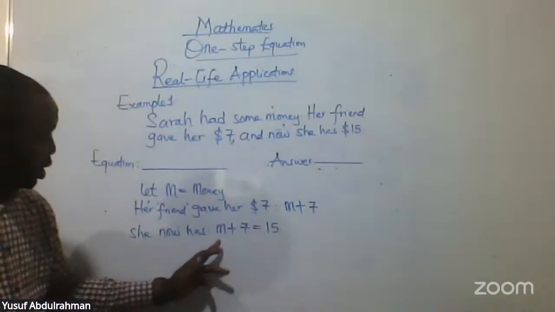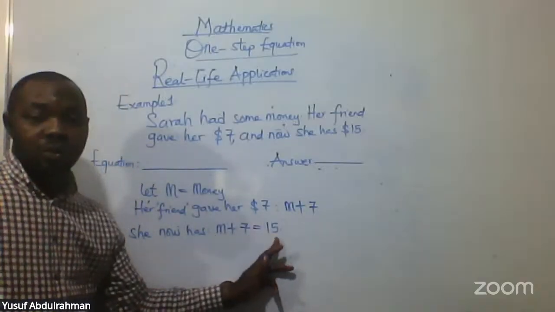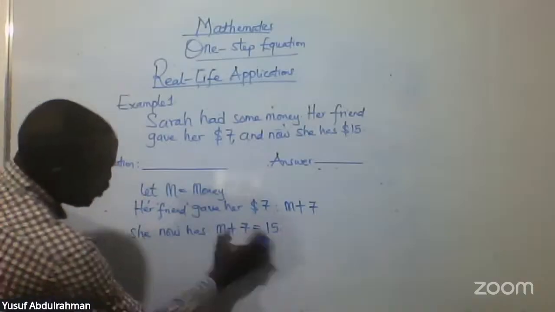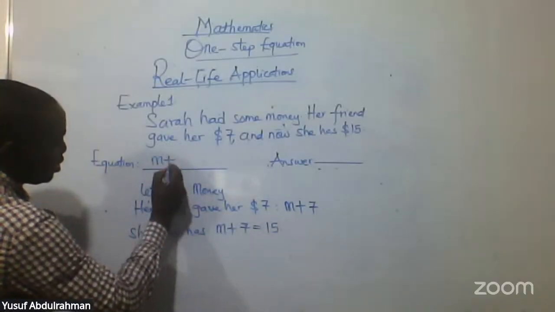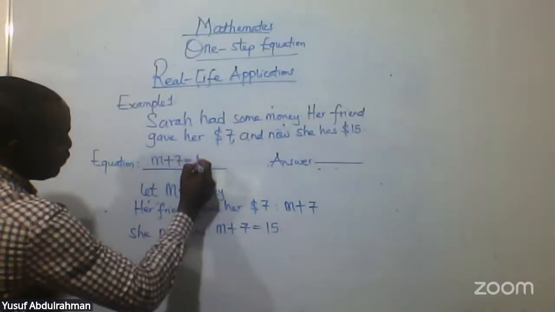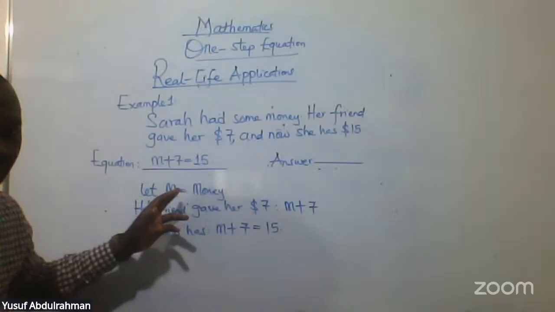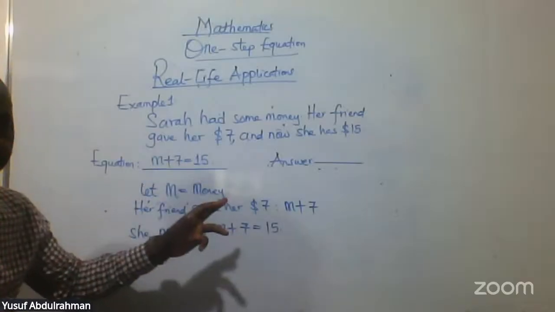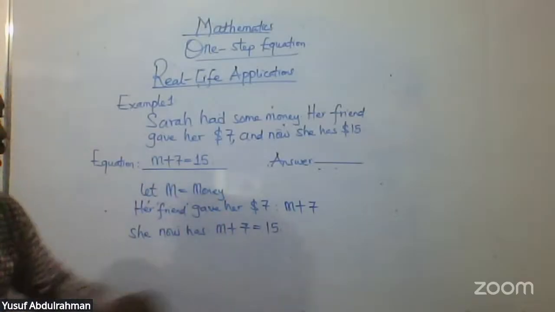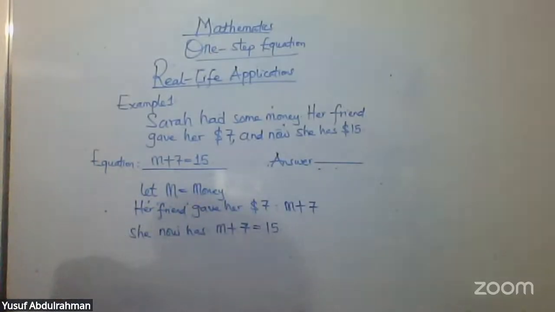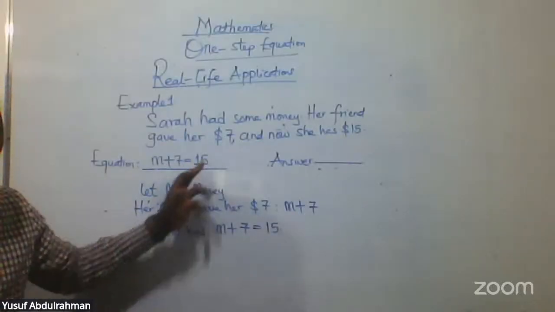So that means n plus 7 equals 15. So this is the equation. You write that here: n plus 7 equals 15. So when we have n plus 7 equals 15, what will be the value of n? What's the answer? 8. Because 8 plus 7 is 15.